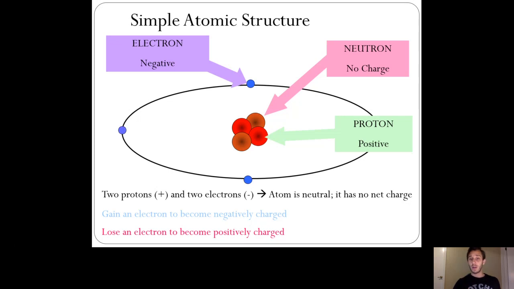If we look here, I know the colors are really similar, but the protons look like they're red, the neutrons are orange, and the electrons are obviously blue. We have 2 protons in this diagram and 2 electrons. That means the image we're looking at here is neutral. It has no net charge because the negatives and the positives cancel each other out.